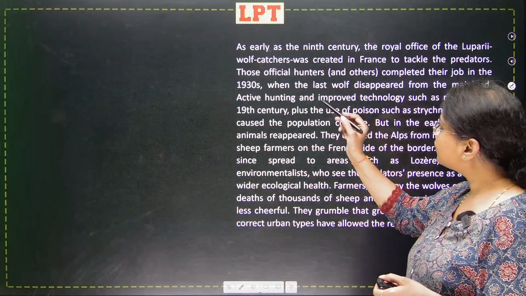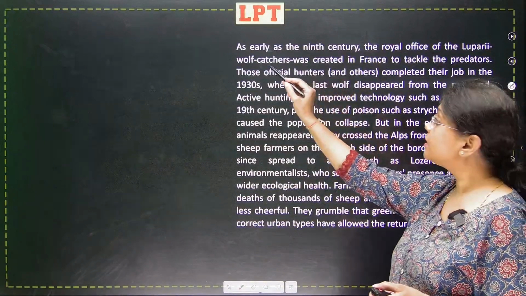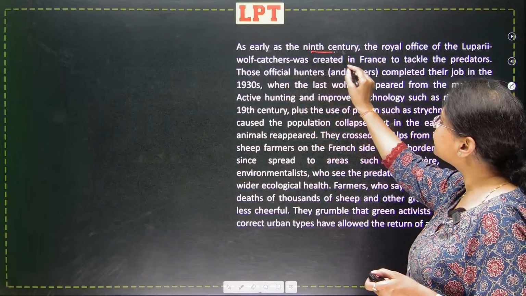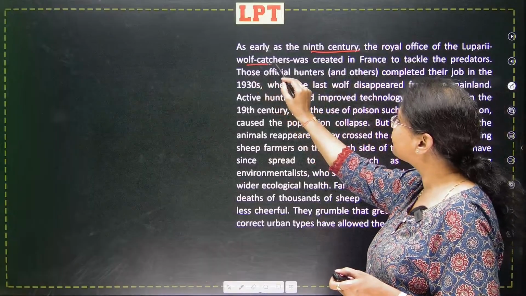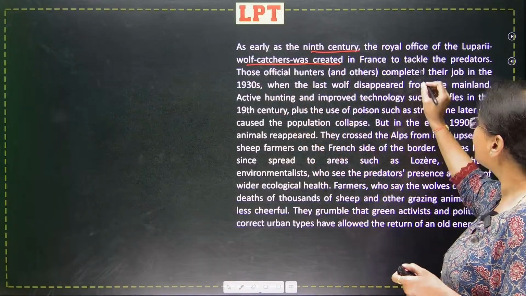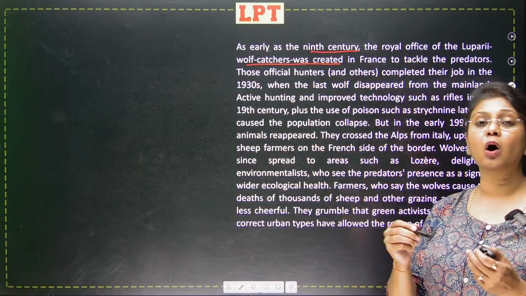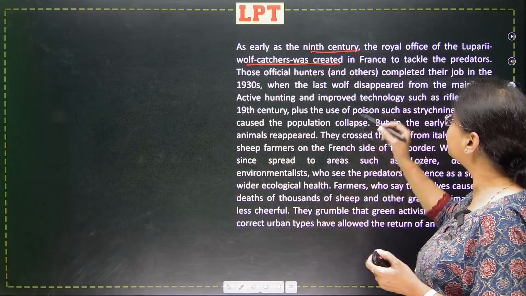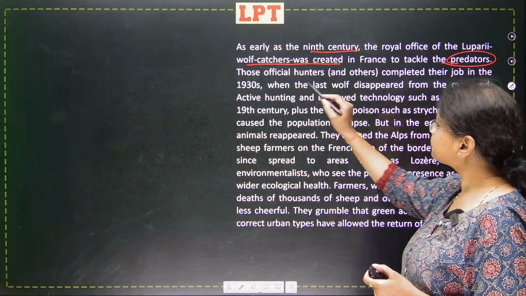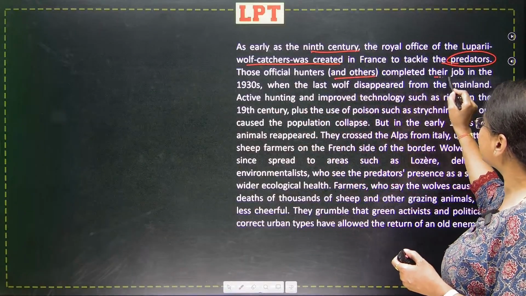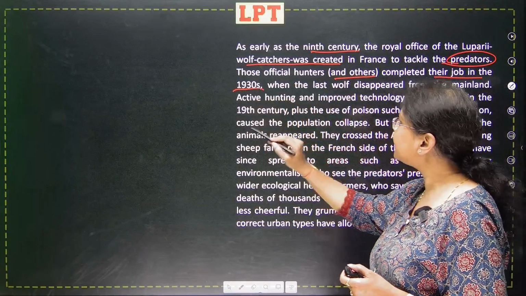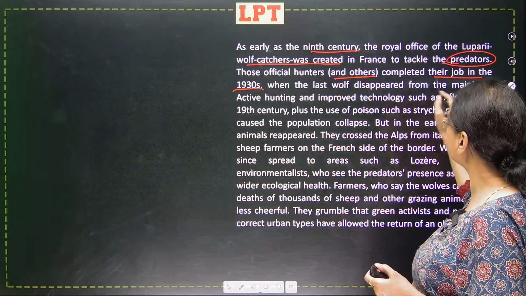Okay. So if you look at, it says, as early as the 9th century, the royal office of the Lupari, wolf catchers, was created in France to tackle the predators. So we are talking about wolves here and we are talking about the predators. Those official hunters and others completed their job in the 1930s when the last wolf disappeared from the mainland.